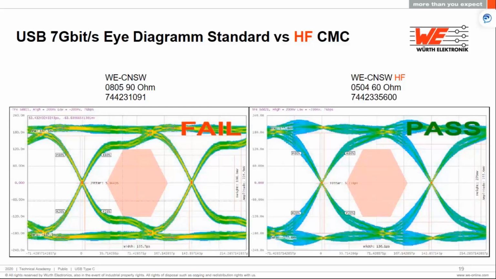When you use a high frequency component, which is more suitable for higher speed designs, you'll see that we have enough slope for the rising and the falling edge, and the signal is not at all disturbed by the addition of these components. So that is why it is important to select the common mode choke in accordance with what speeds we are trying to achieve and what frequency we are working at.